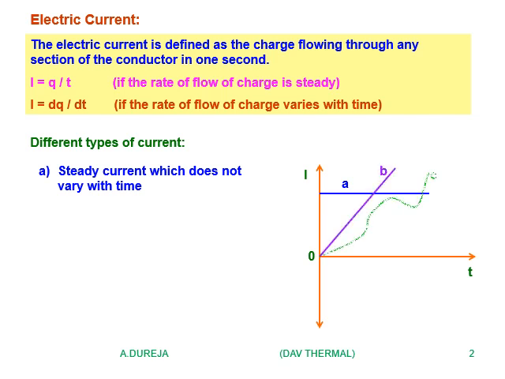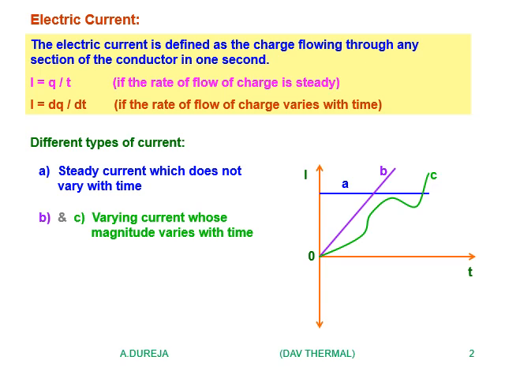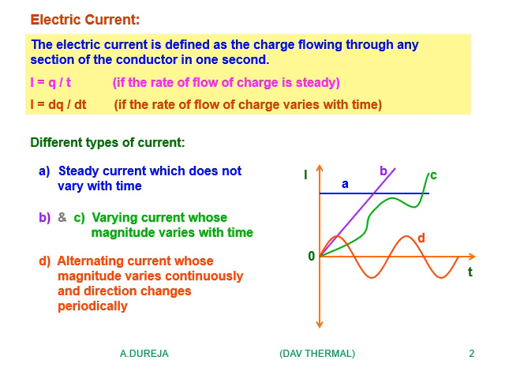Now B and C curves represent varying current whose magnitude changes with time, and this D curve represents the alternating current whose magnitude varies continuously and direction changes periodically. And about alternating current we will study in detail in the next unit.